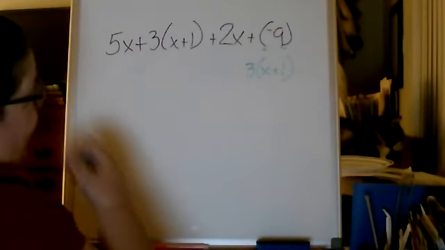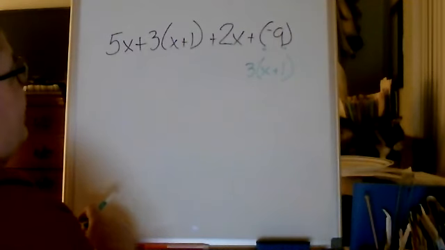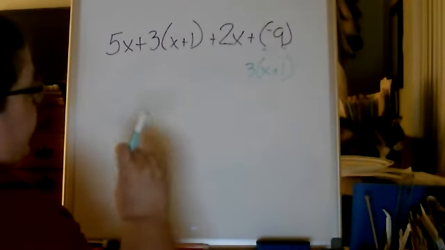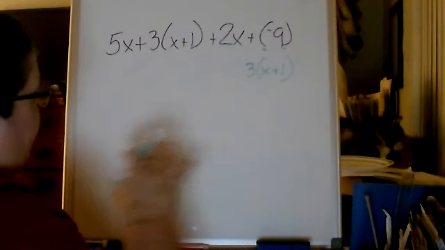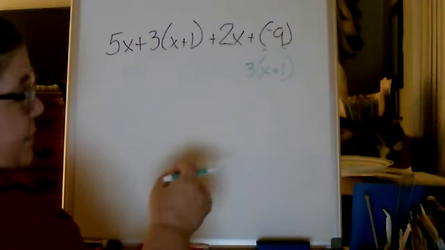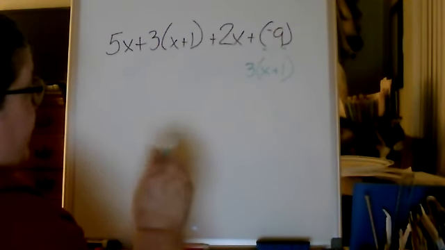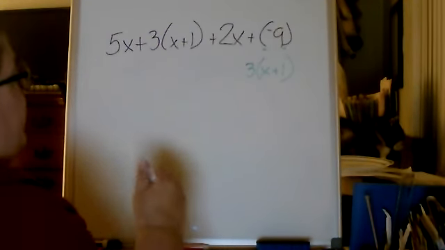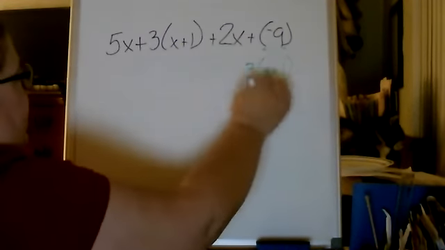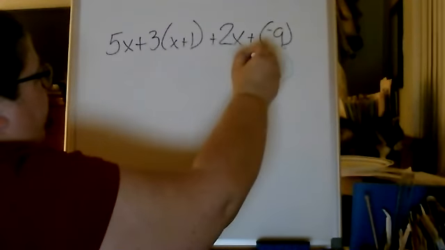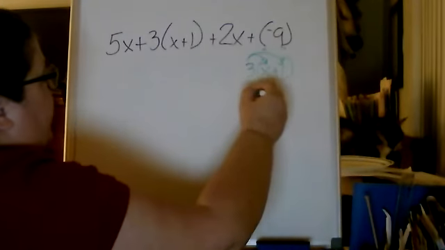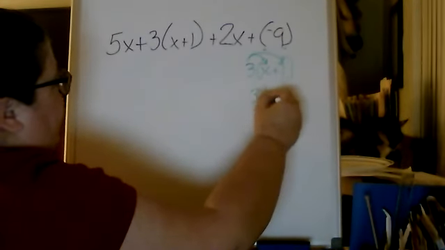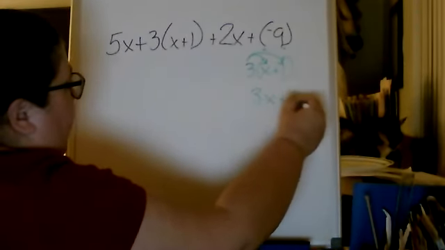And after today, I'm not going to include those parentheses. You're just going to have to see that there's a plus a negative number. I was only doing that to differentiate. But from now on, that's not going to be there. Okay, so when we have 3 times whatever's in the parentheses, we're going to go 3 times x and 3 times 1, which is going to end up being 3x plus 3.